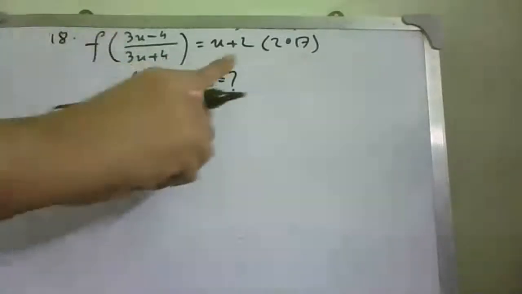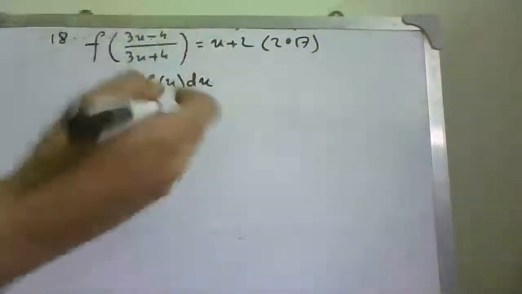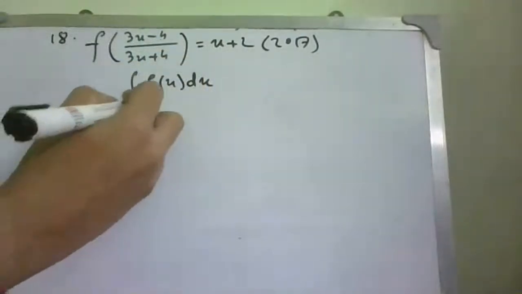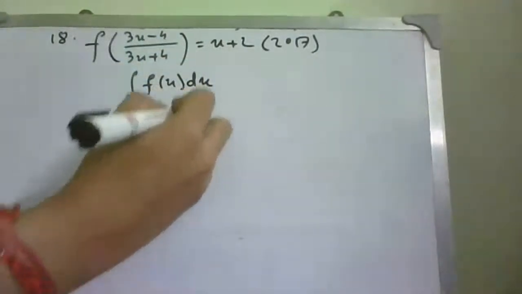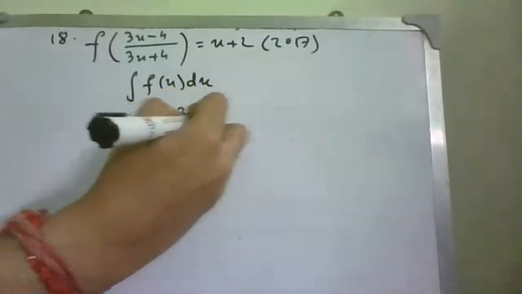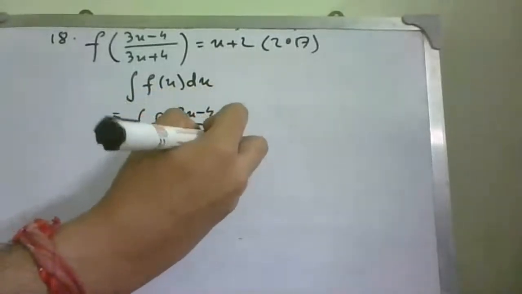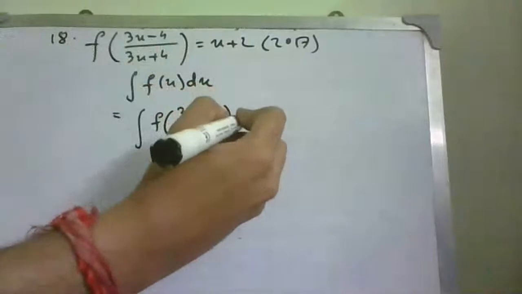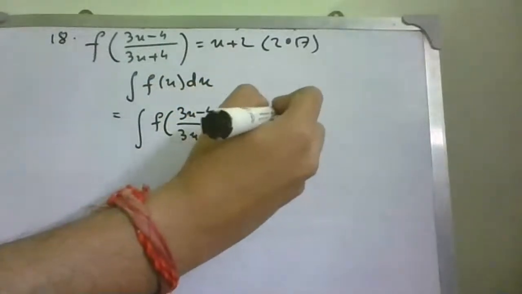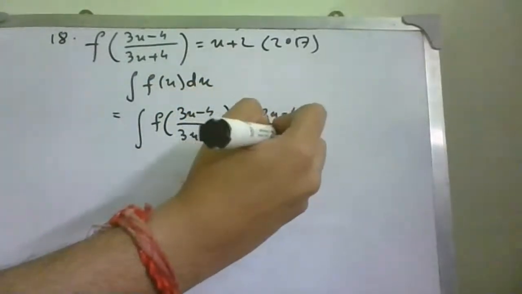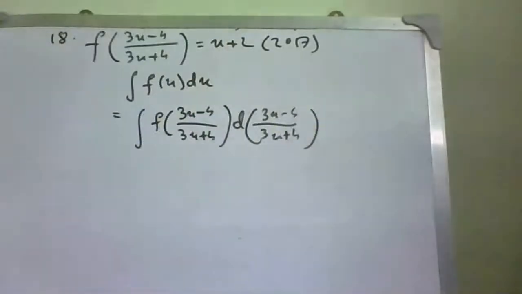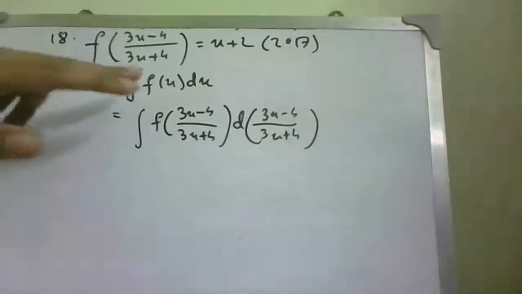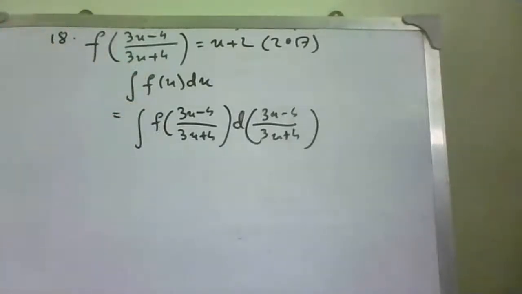So what we can try to do is write this particular integral as f of 3x minus 4 by 3x plus 4 d of 3x minus 4 over 3x plus 4. Basically, I'm replacing x by 3x minus 4 over 3x plus 4. That's the entire idea.